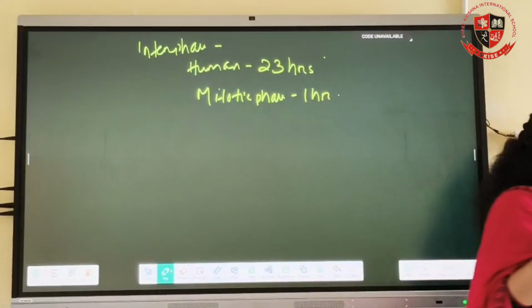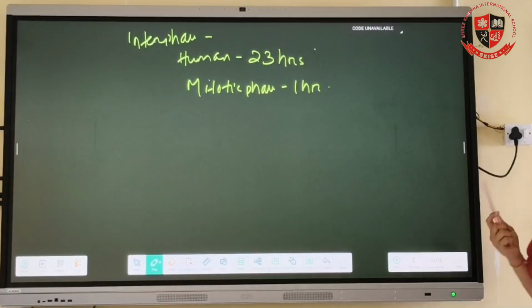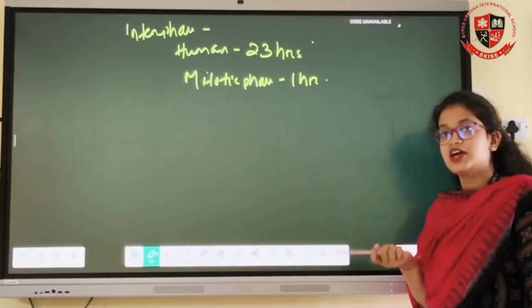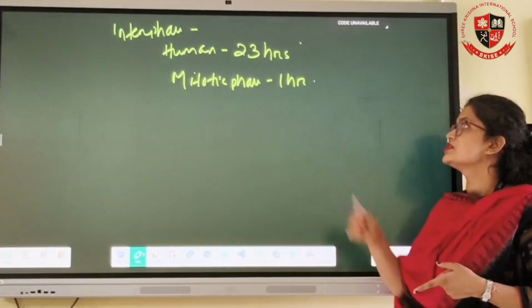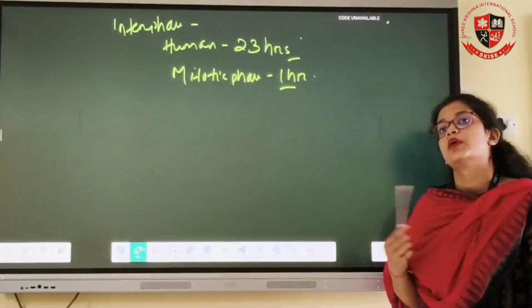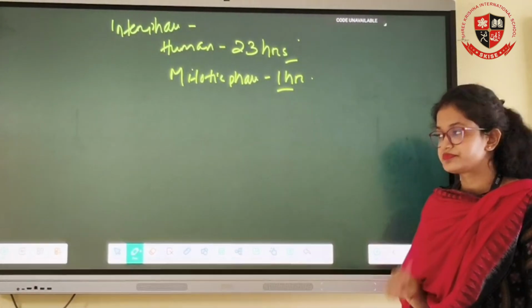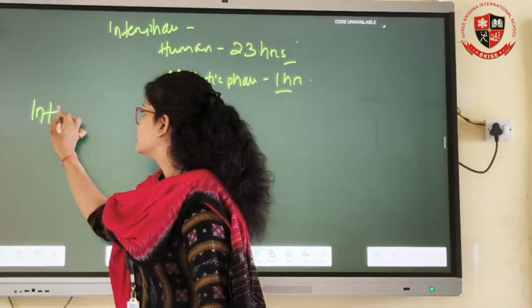Suppose when you prepare for a function or a party, you spend more time on the preparation, but the party will be 1 or 2 hours. Like that, the cell preparation for cell division takes 23 hours and the cell division occurs in only 1 hour. Now clear? Then now we discuss interphase.